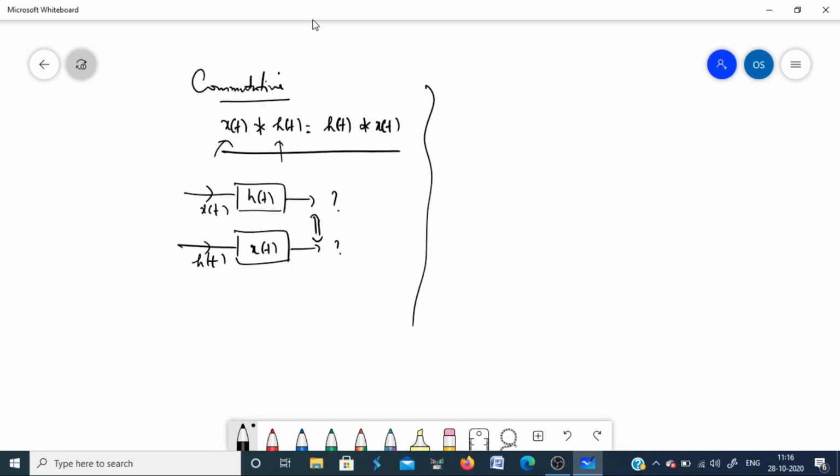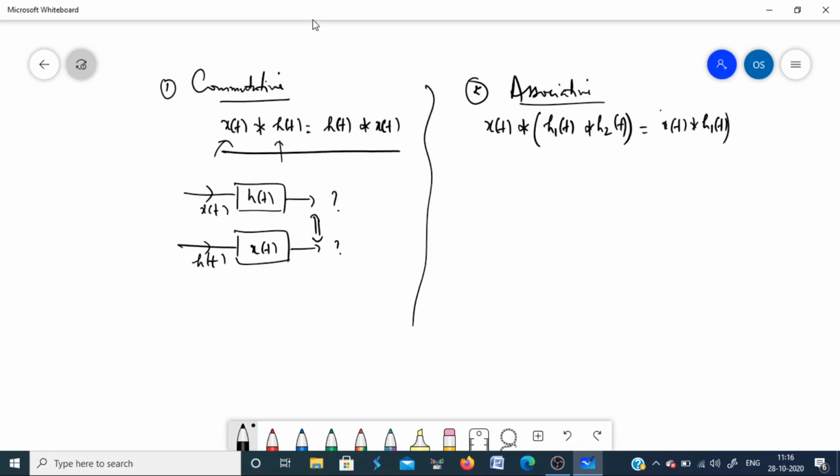The second property is associative, in which you have x of t convolved with h1 of t convolved with h2 of t. It is equal to x of t first convolved with h1 of t, then this entire result convolved with h2 of t.